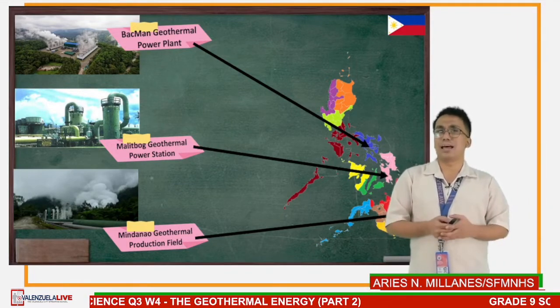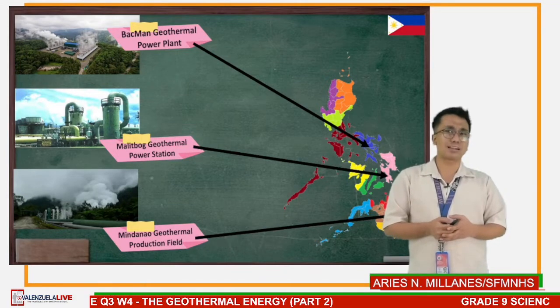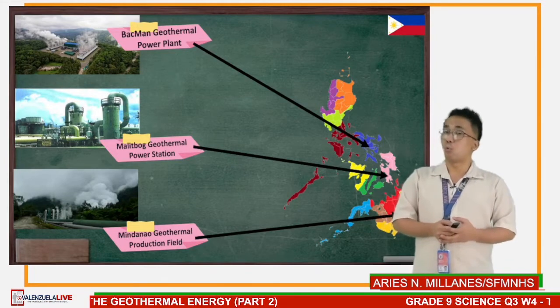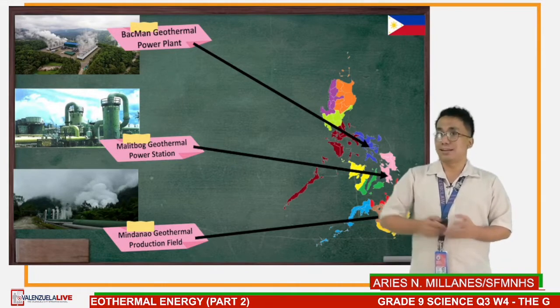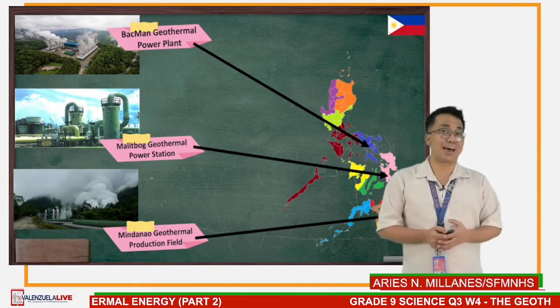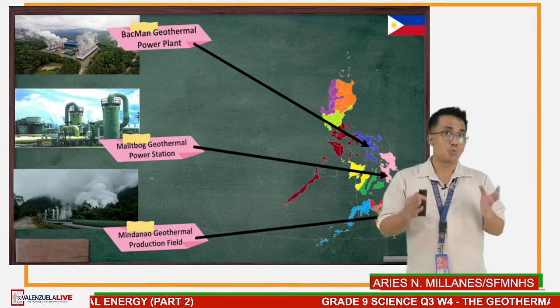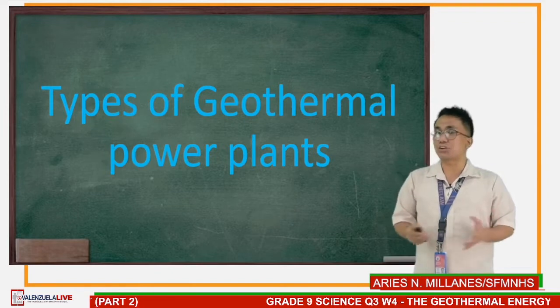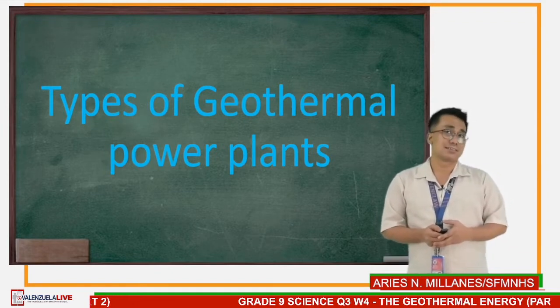Now that we have the idea on what a geothermal power plant is and where we can find it, let's answer the question about what are the different types of geothermal power plants.